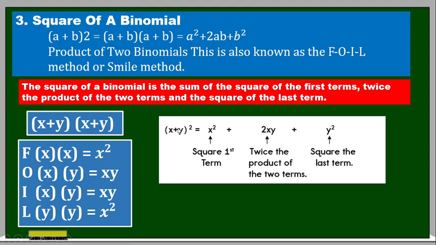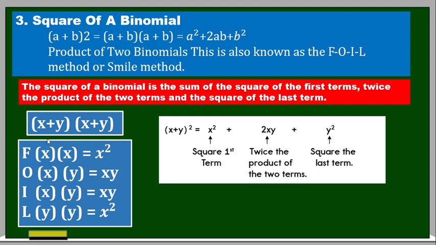You multiply x and y, so that is xy, and then you double that, you have 2xy. That is what twice the product of the two terms means. In Filipino, multiply the two terms, then multiply the result by 2. Or you double the product of the first and the second.